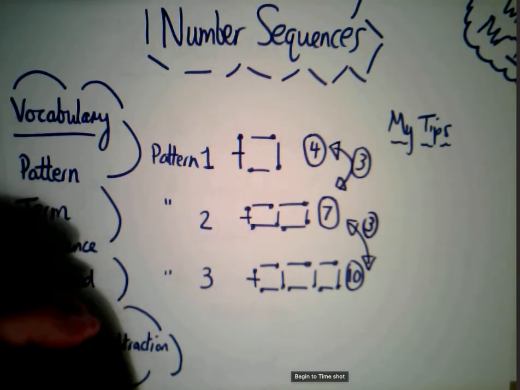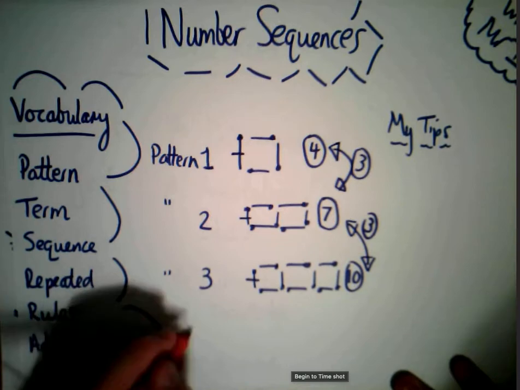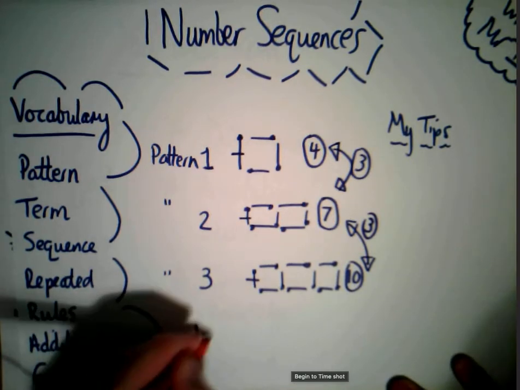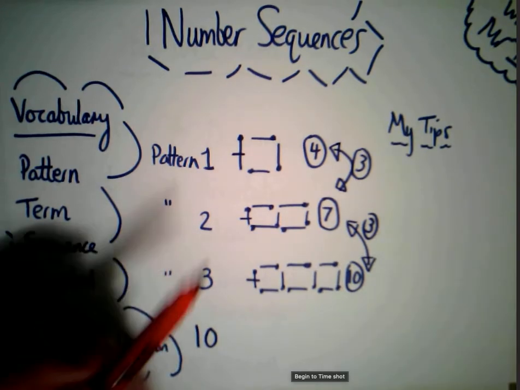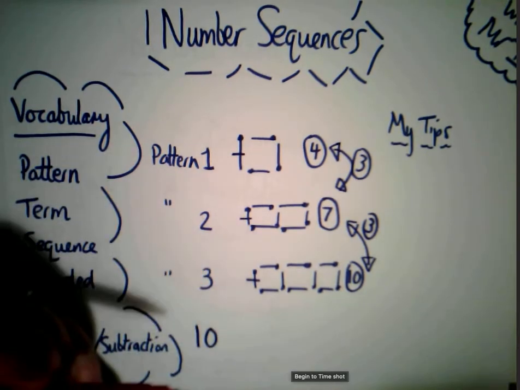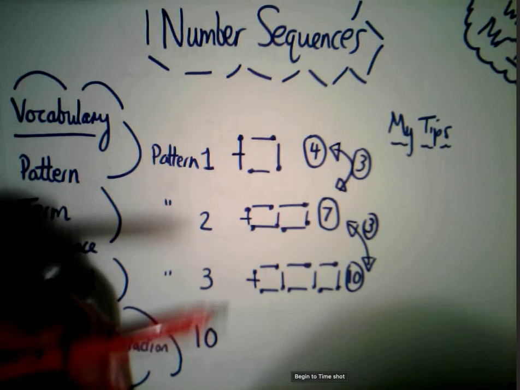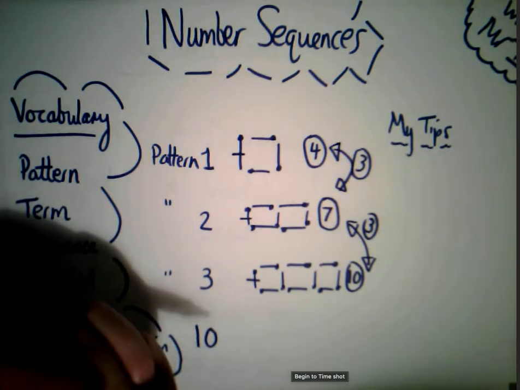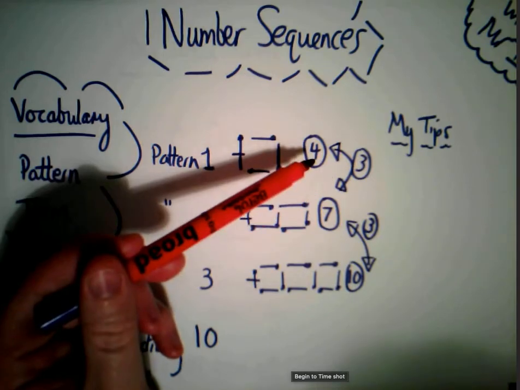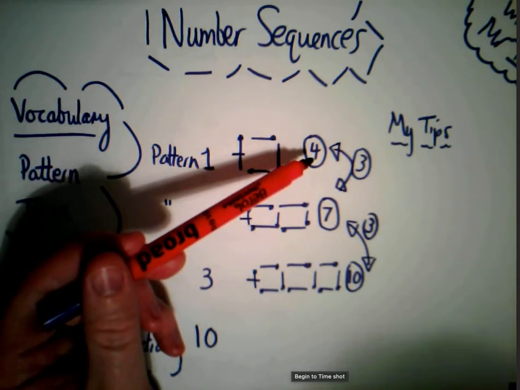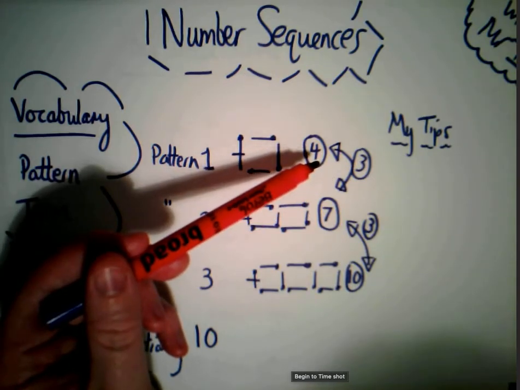Now you might get a question saying, what is pattern 10? But it might only tell you 1, 2, and 3. Now, you could draw them out every single time, or you could work out, well, if that's adding on 3, the first one is going to add on there is 4. Every time I'm going to add on 3.